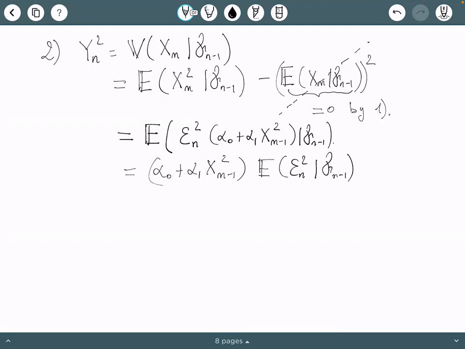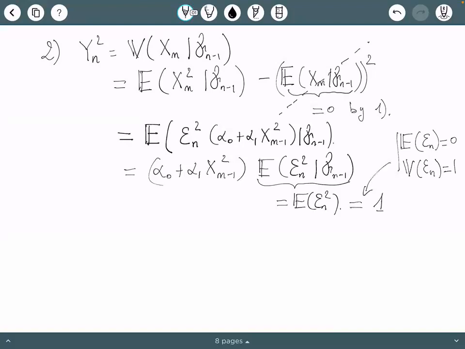If you remember, we assume that epsilon is centered and the variance of epsilon n is equal to 1. So this guy is in fact equal to the expectation of epsilon n square, because epsilon n square is independent of fn minus 1. And so by these two properties it is equal to 1. And so we get that it is exactly alpha 0 plus alpha 1 xn minus 1 square.